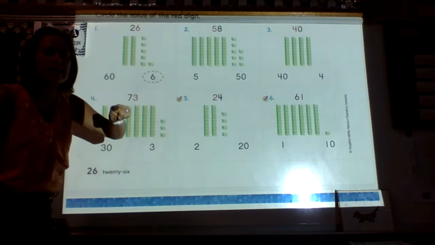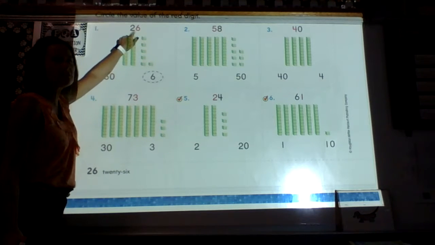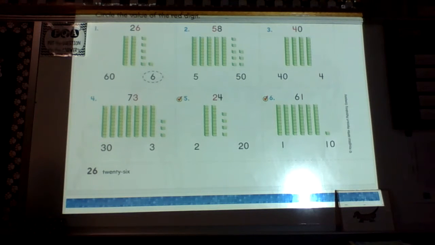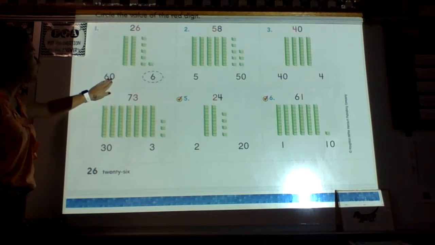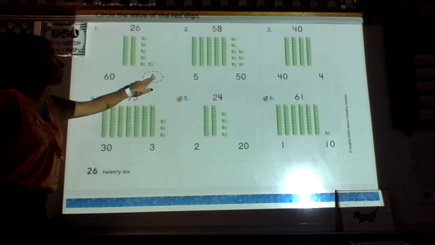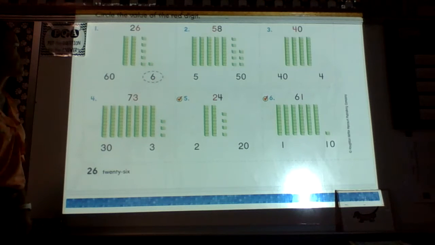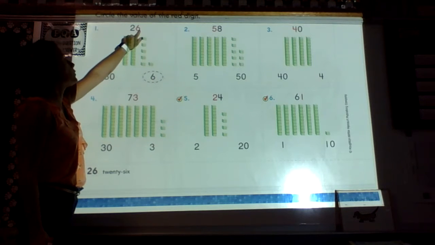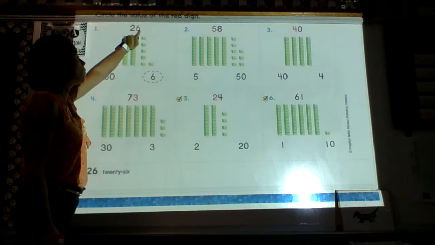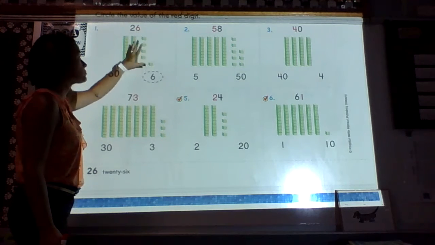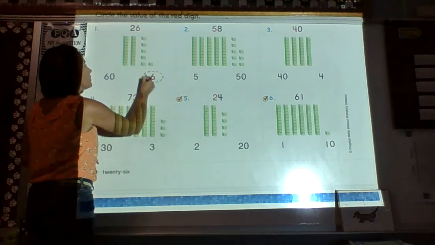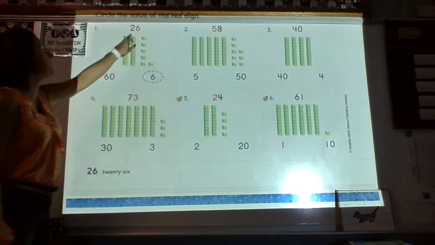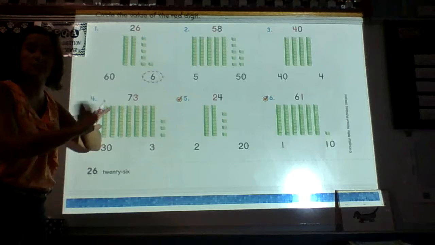They're saying, hey kids, what place value does that hold? What is it worth? Is it worth 60 or is it worth 6 little singles? Well, I know that this is the ones place, and 1 stands for singles. You can't trade them up yet to make 10. So I'm going to circle the number 6 because that's all that's worth is just 6 singles.